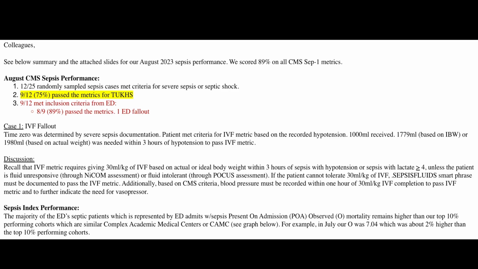It's non-punitive, more of a constructive kind of feedback. Again, the point is to make sure that we can avoid the particular fallout moving forward. And then within this email, we also talk about sepsis index performance. We believe that it's important for all the providers to be aware of the overall index performance. And this particularly includes the mortality index for sepsis and also the cost index. Next slide.